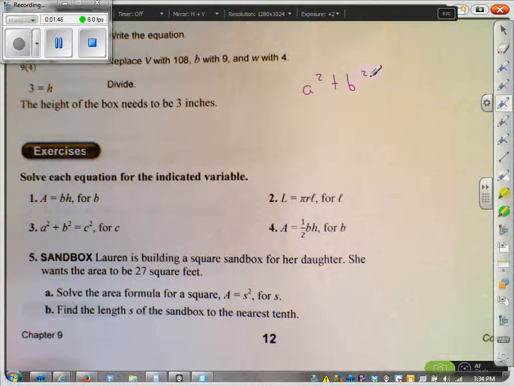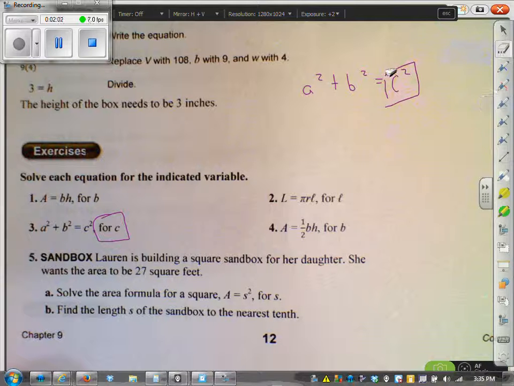the literal equation a squared plus b squared equals c squared, and it says solve for c. We want to get c all by itself. So we look at this and say, what's happening to c right now? Right now, c is being squared. We've talked about this: we have to undo what's happening to c.